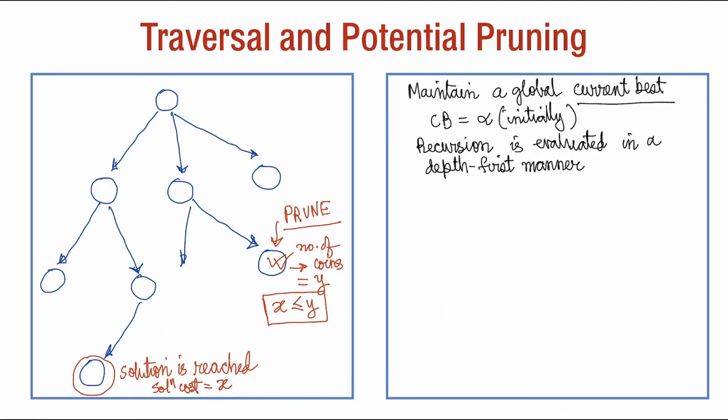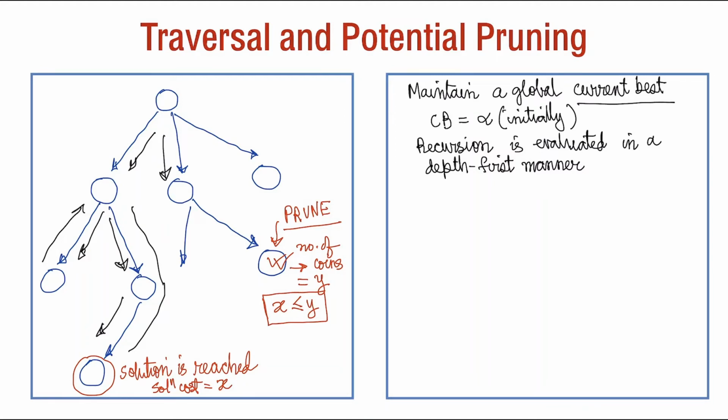That means we go this way, then we go here, we find the solution, then we come here, then we go back, then we come here. So we go in a depth first manner.